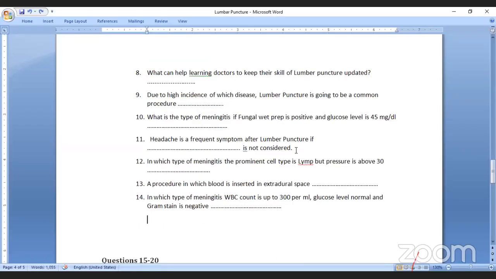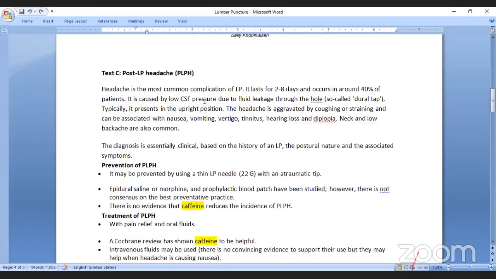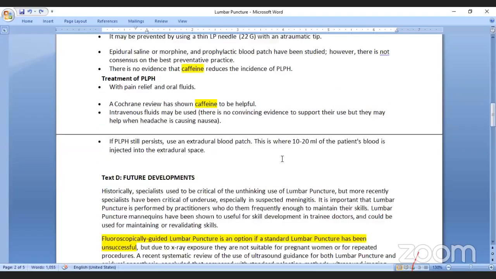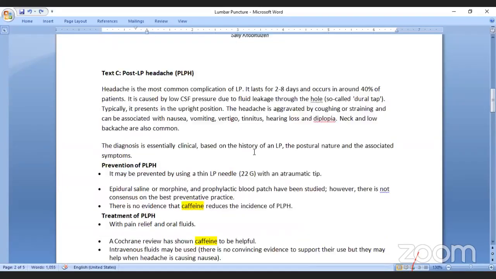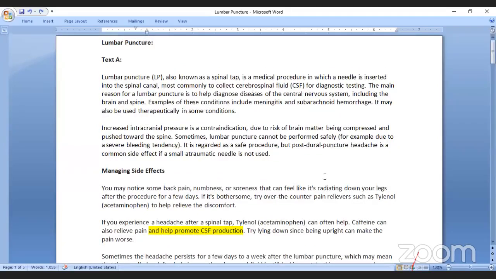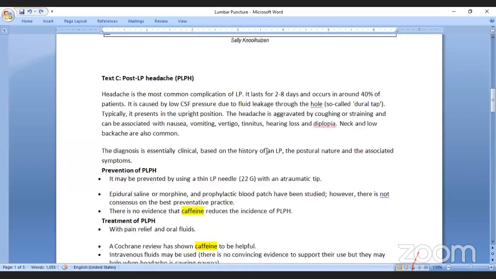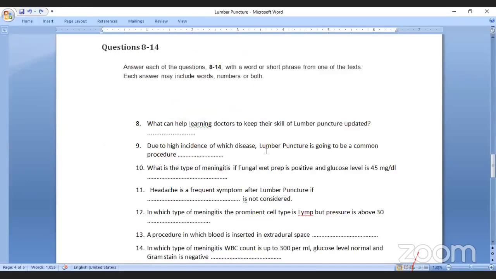You will spend some time to find the keywords, to find the answer. There would be no answer in text C. Then you will go to text A and try to find the answer. The answer is hidden here at the end, in just one sentence. So you will spend a lot of time, even though the question is easy and the answer is easy.